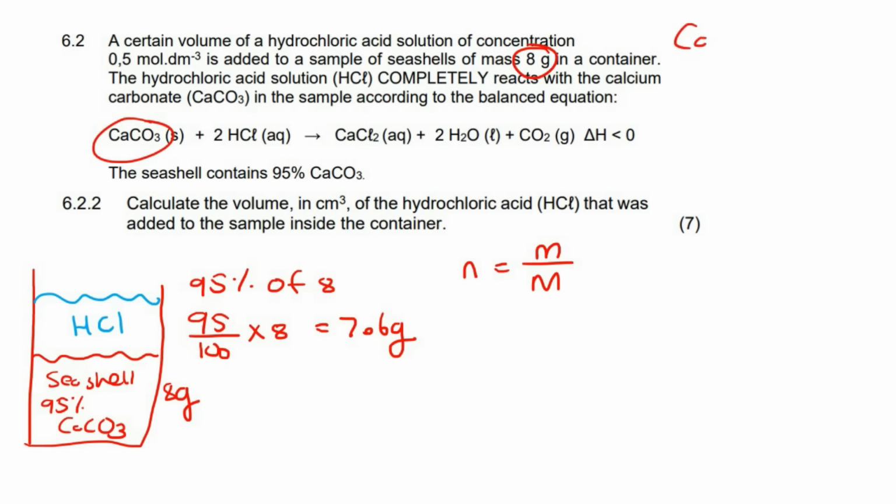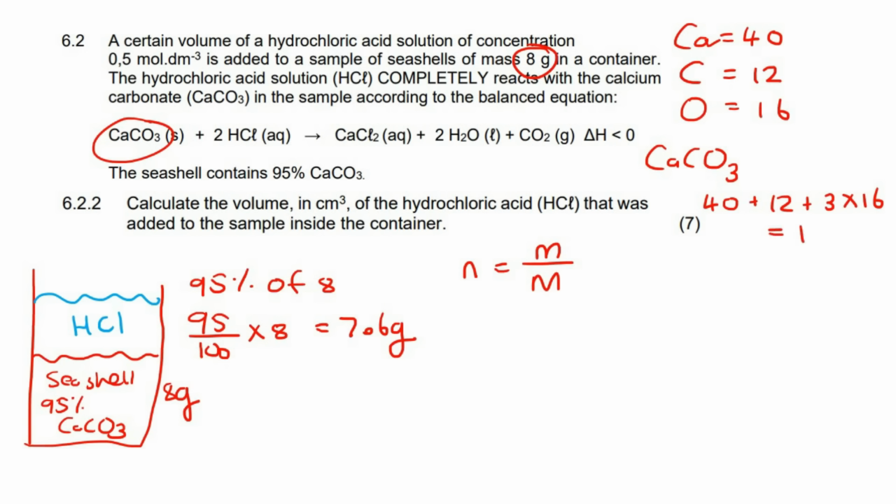Calcium is 40, carbon is 12, oxygen is 16. So the molar mass of CaCO3 is 40 plus 12 plus 3 times 16, and that would be 100. So the moles is going to be 7.6 over 100, which is 0.076 moles of calcium carbonate.